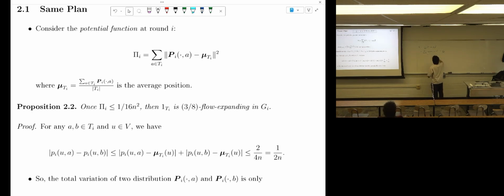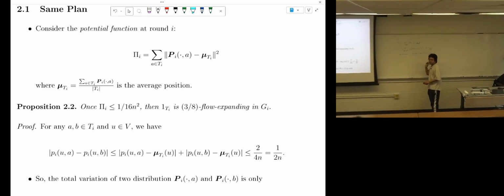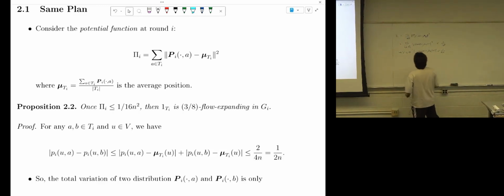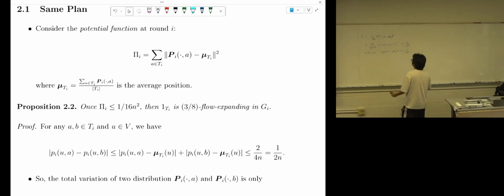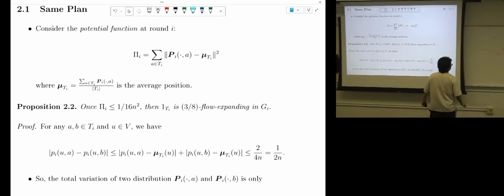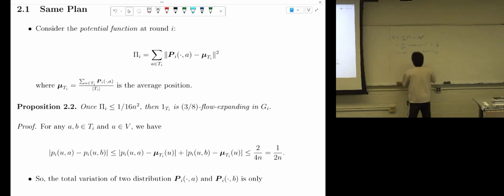This just means that for all U and A, PI UA minus this thing is less than 1/4, just taking the square root. So now we get to this one.